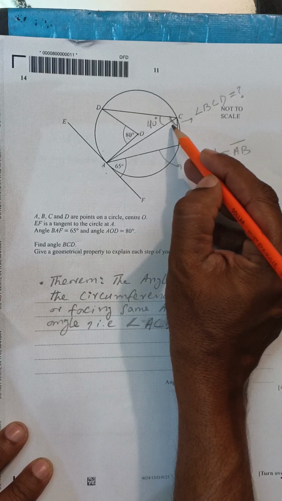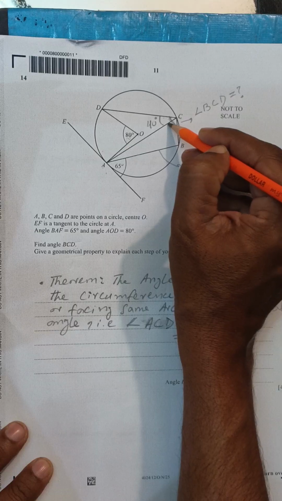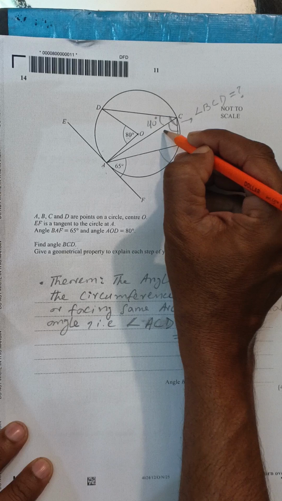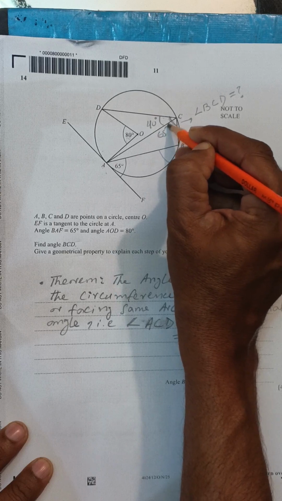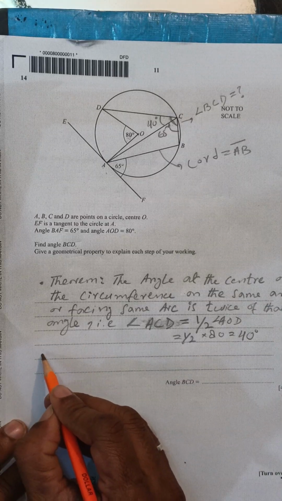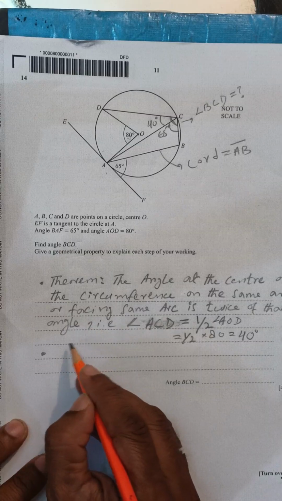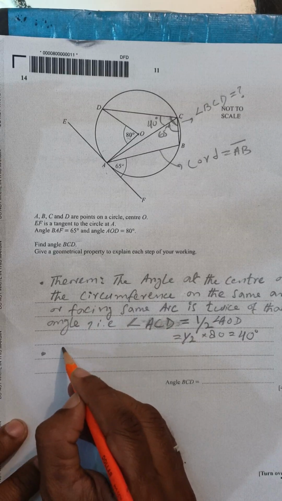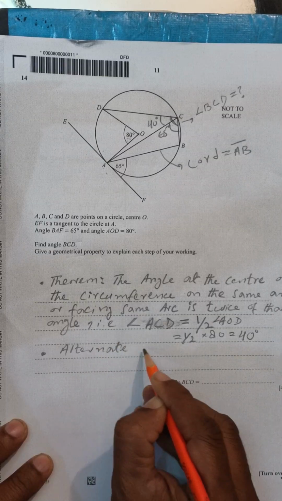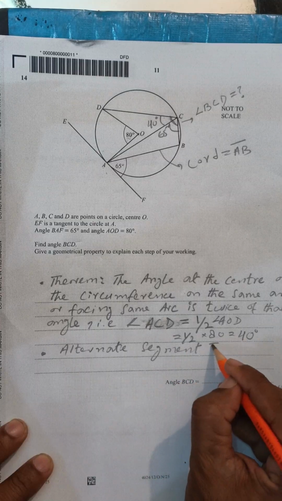So that angle 65 is equal to this angle. This angle is also 65 degrees. So you can write the theorem: the alternate segment theorem.